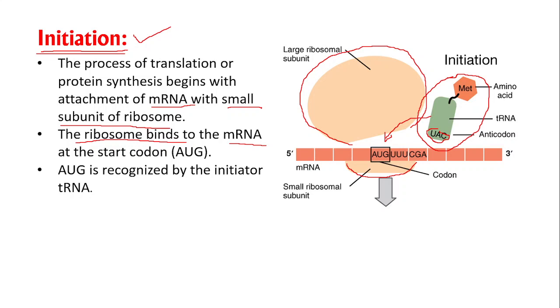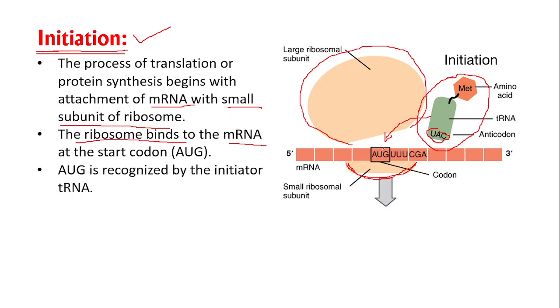I'll describe it once again. It is very simple. In the initiation step, first, the smaller subunit of the ribosome gets attached to the AUG region of the mRNA. Soon after, the activated tRNA having the anticodon for AUG will come and bind to the AUG region of the mRNA.